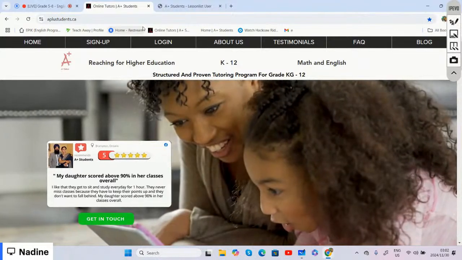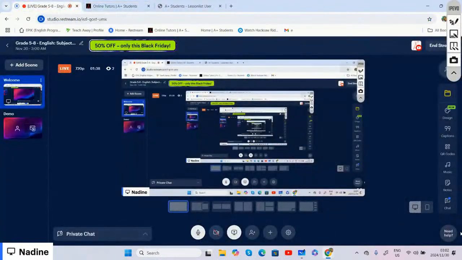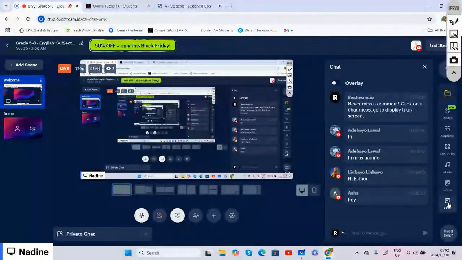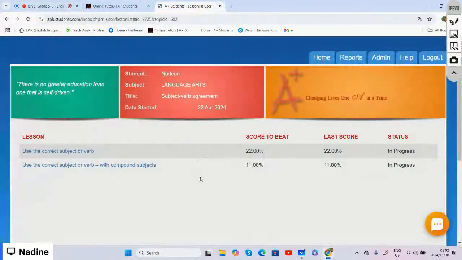We're doing grade 5 to 8. And then we're going to scroll down until we get to our chapter of subject verb agreement.